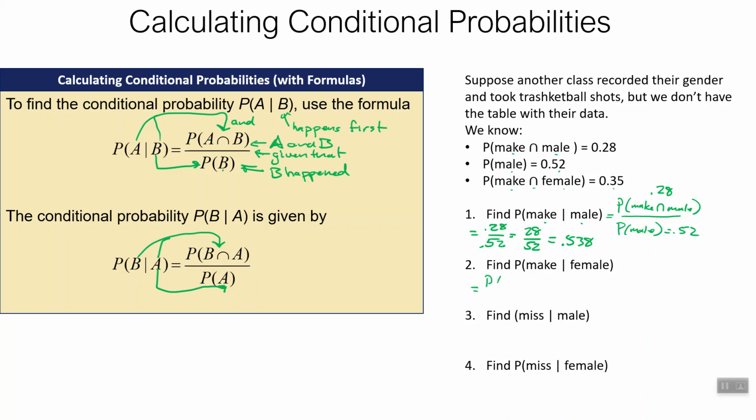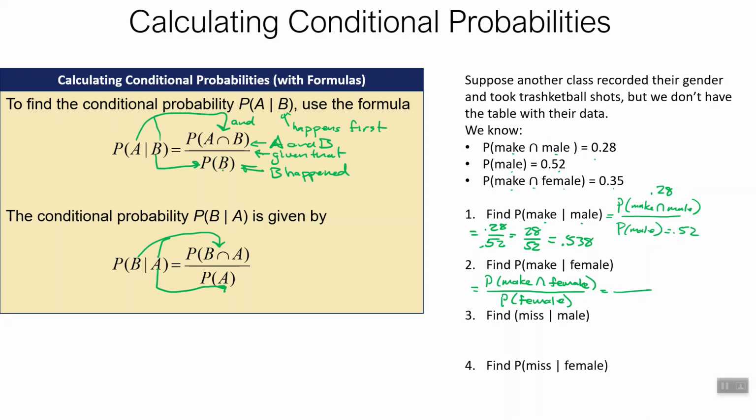Find the probability of make given female. Well, that's going to be the probability of make and female. That's our symbol for and, the intersection symbol. Over the probability that they are female. What's the probability that they're female? I don't see that listed up here.